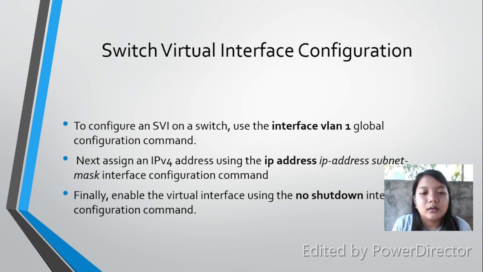After you type interface vlan 1 and enter, you type ip address, then the IP address that you will put, and then the subnet mask. Finally, enable the virtual interface using the no shutdown interface configuration command.